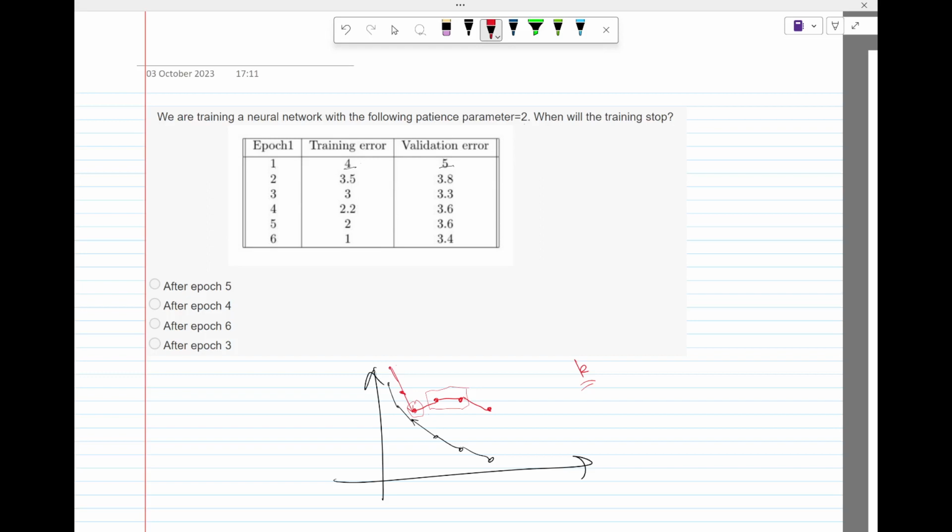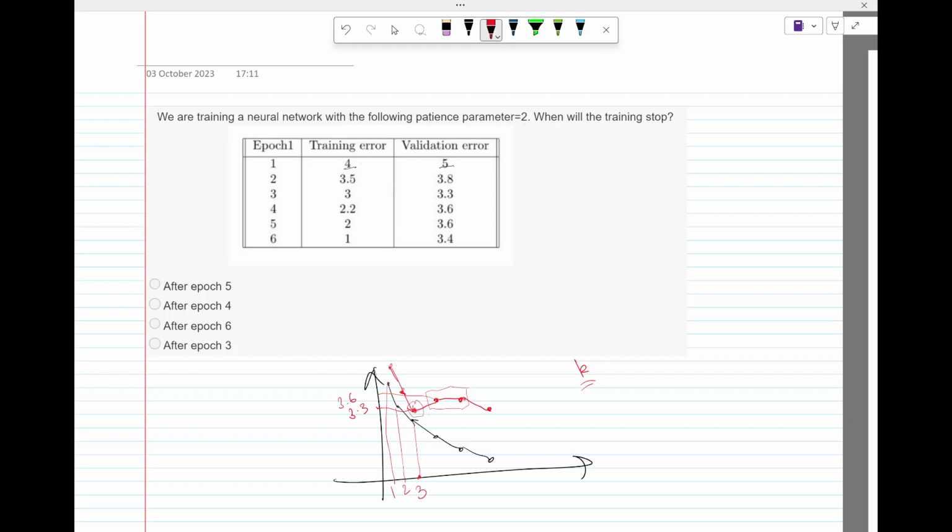So in this question, if you see, the validation error keeps decreasing till the third epoch. In the third epoch you have 3.3 validation error, and then after that it increases to 3.6. So you have to wait two more epochs because the patience parameter is 2.